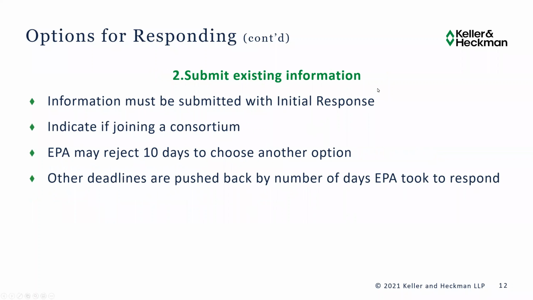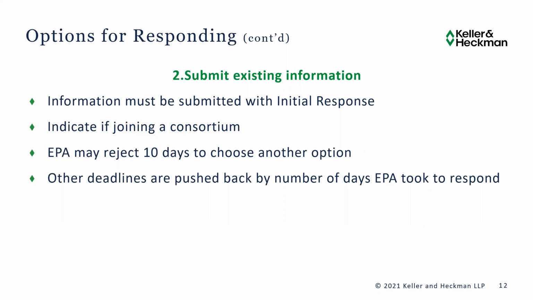The second option for responding to the test order is to submit existing information. Very critically, if you're going to rely on this option, the existing information needs to be submitted with your initial response, which is due 45 days after the effective date of the test order.